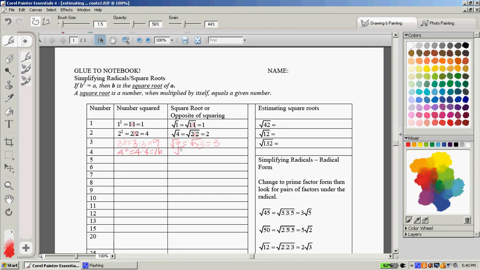Or the square root of 16 is the same thing as the square root of 4 times 4, which is equal to 4 right here. Okay, so I want you to fill out the rest of the chart. So hit the pause button and fill out the rest of the chart.